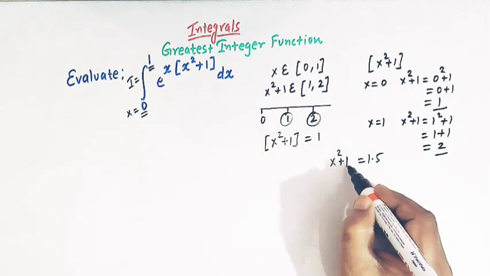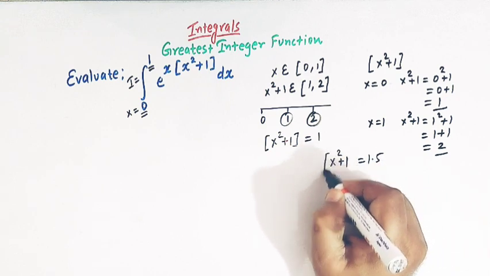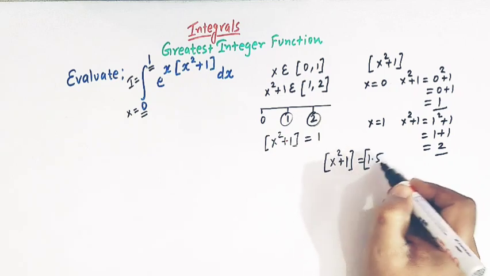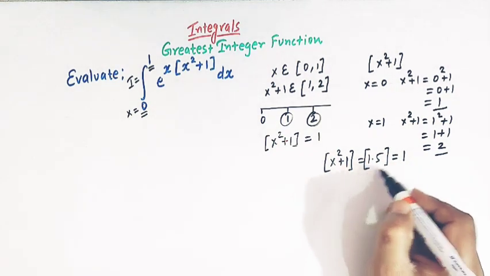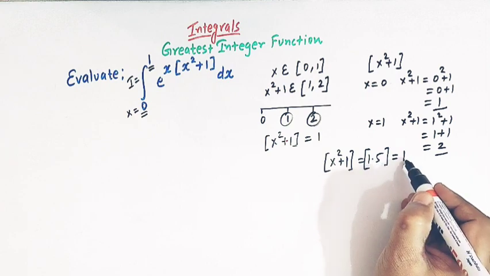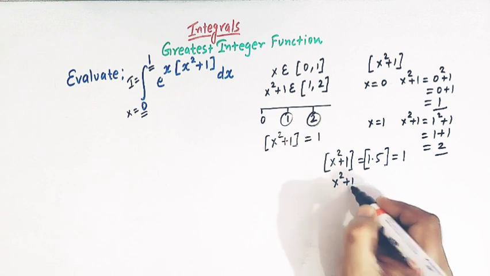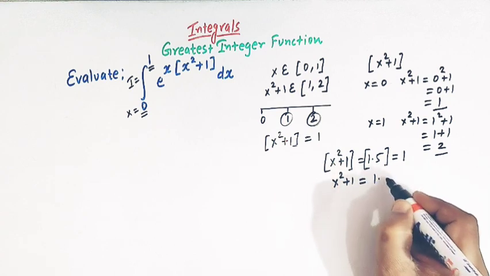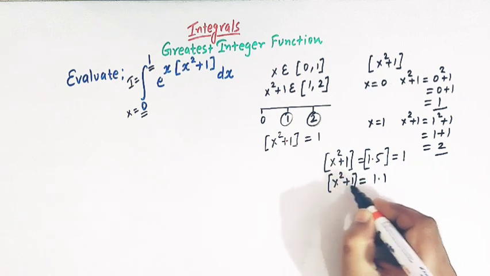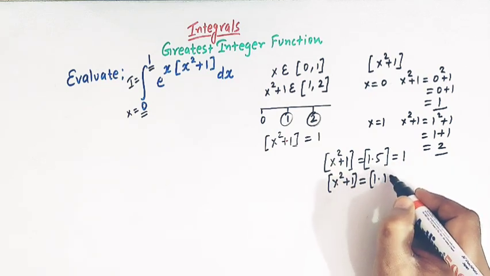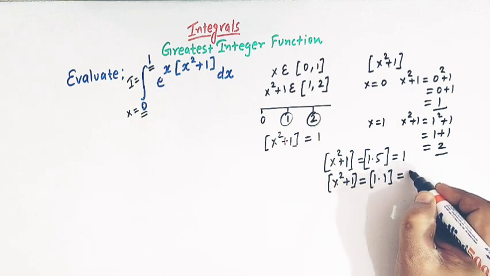When x square plus 1 is 1.5, the greatest integer of x square plus 1 is equal to 1, because greatest integer of 1.5 is 1. Similarly, suppose x square plus 1 is equal to 1.1. Then the greatest integer of 1.1 is equal to 1.